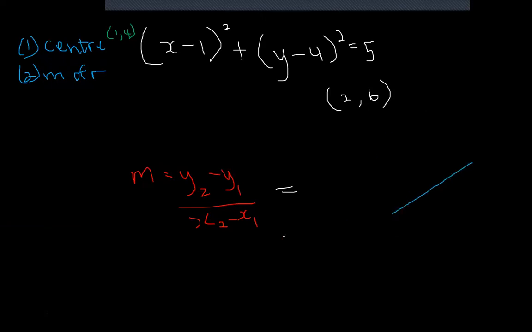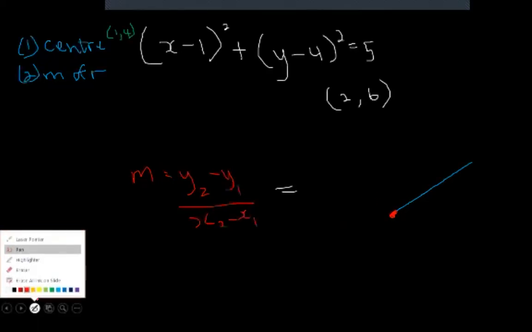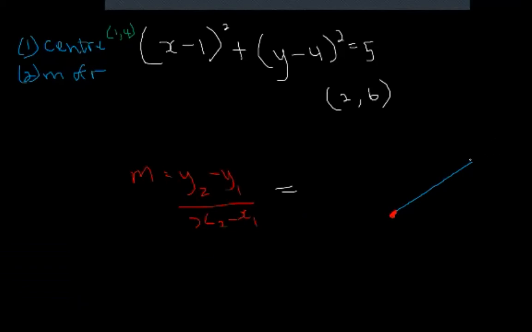So say this line is my radius. This point here is the center, and the purple point up here is my given point, 2, 6. And the center, we know now, is 1, 4.